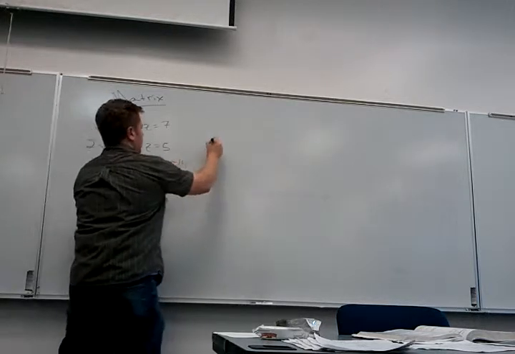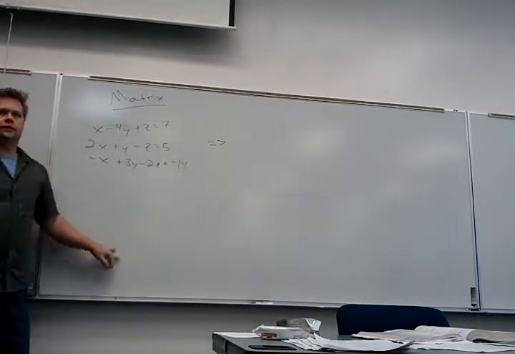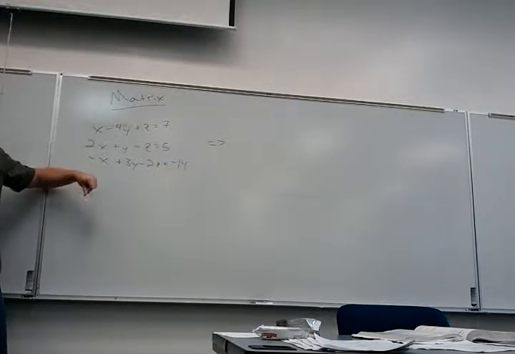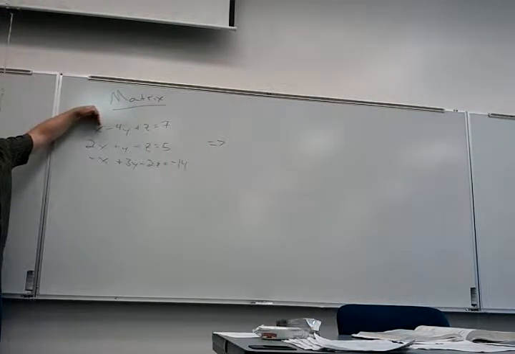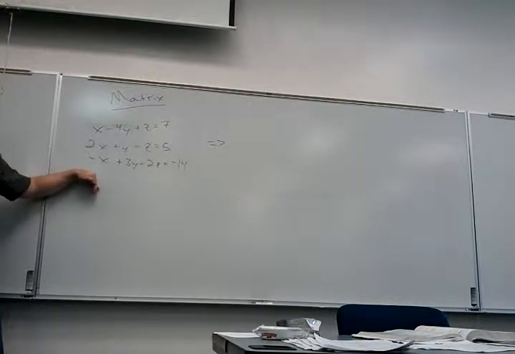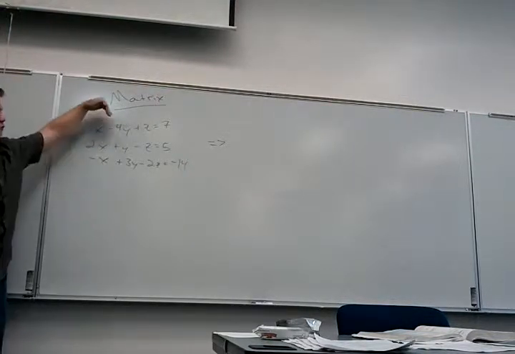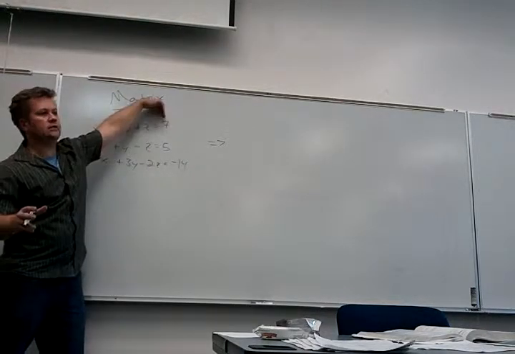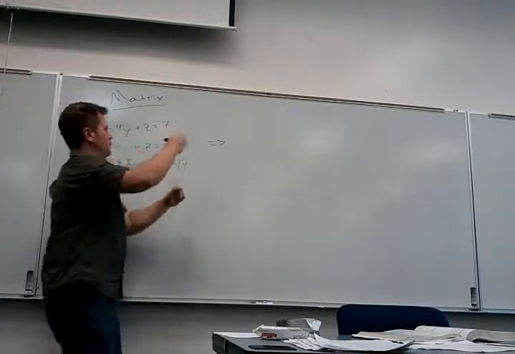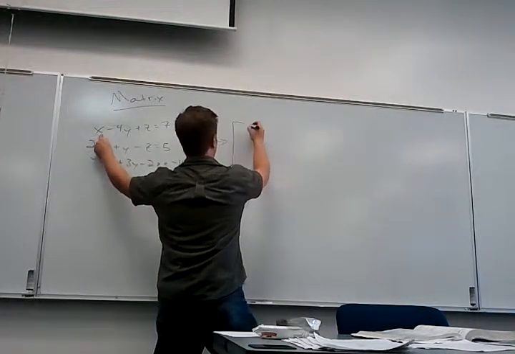So the way this would look in a matrix, all a matrix really does is organize this into columns and rows. The first column will be the x column, so it's understood to be the x column. I don't need to write all the x's over and over again. The next is the y column, the next is z, and the last is the answer column, the whole number column. It's just going to be the coefficients that show up.